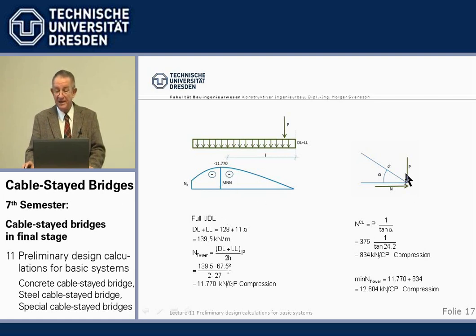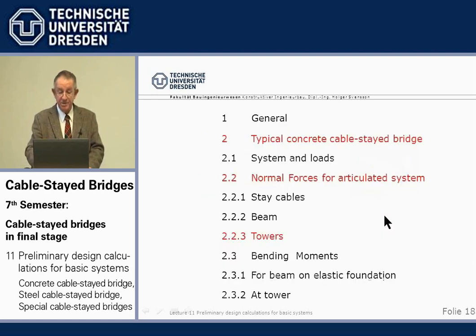We can add the component from the track load, from the concentrated load. Of course, there, if we have this vertical, we have to use the tangent, the tan alpha, but that's a very simple relationship.